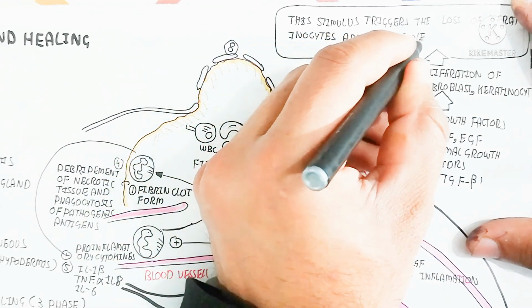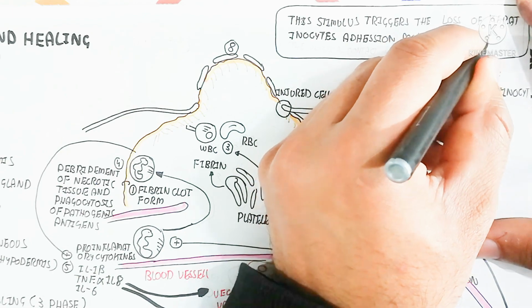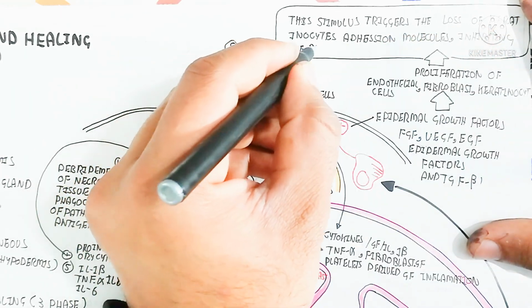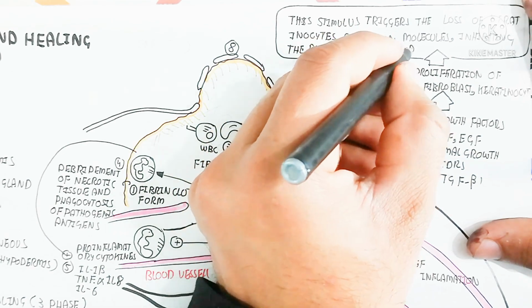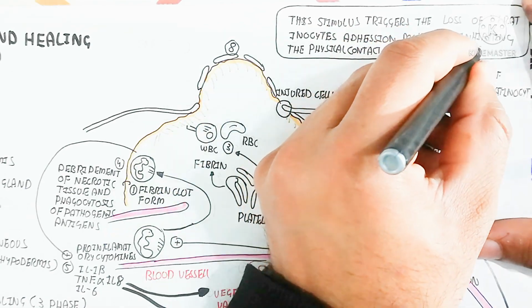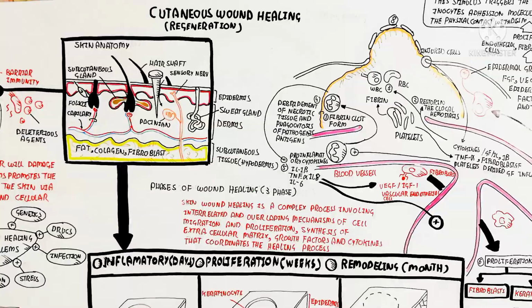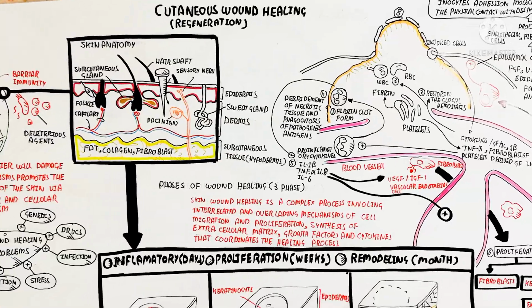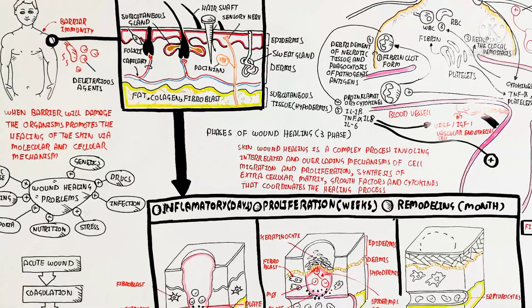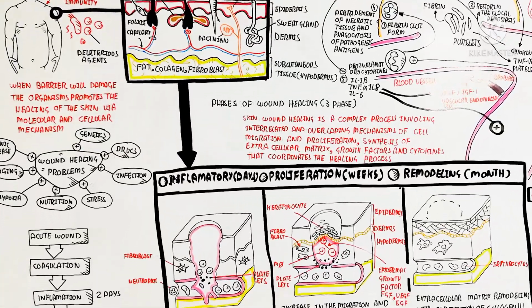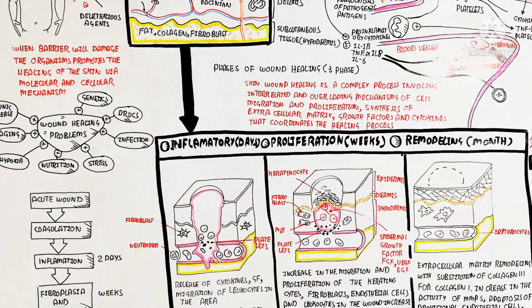All this proliferation leads to a stimulus that triggers the loss of keratinocyte adhesion molecules and inhibits physical contact with desmosomes and hemidesmosomes. So the important thing is, this was the regeneration of the skin.